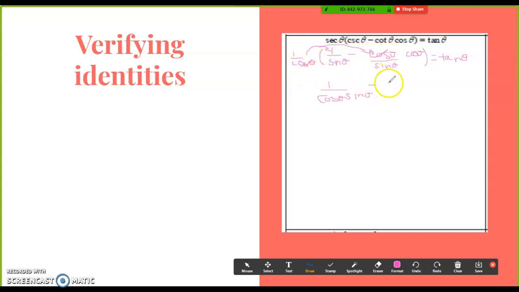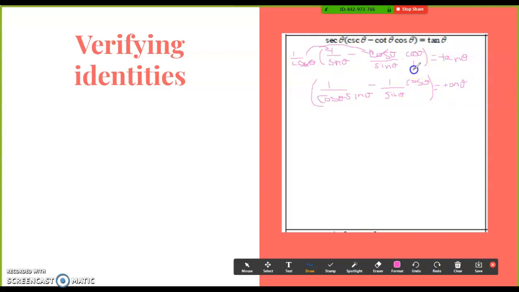So I would just have 1 over sine of theta times cosine of theta. All right. And again, this is supposed to equal to tangent of theta.